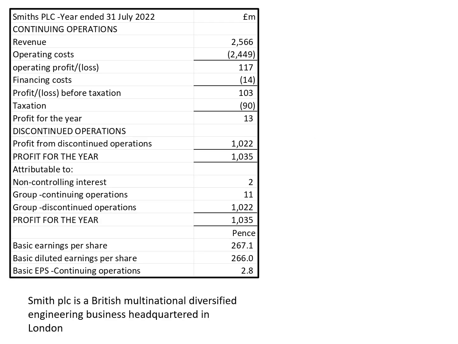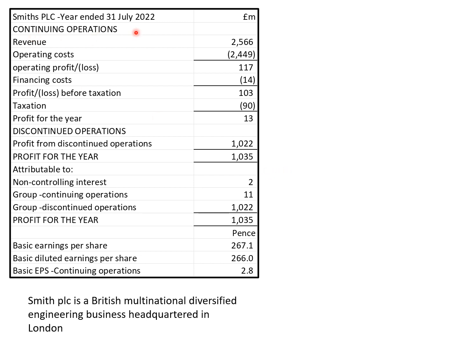Right, in this slide we will look at Smith PLC. It is a British multinational diversified engineering business headquartered in London. I will just show you how it presents its earnings per share. What I want to draw to your attention is that the profit for the year for this group, which is 1.035 billion, is divided up into two parts.